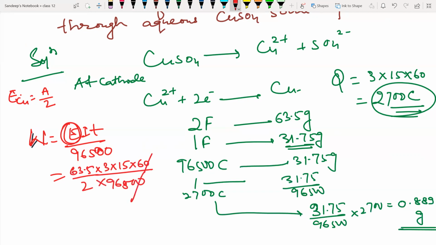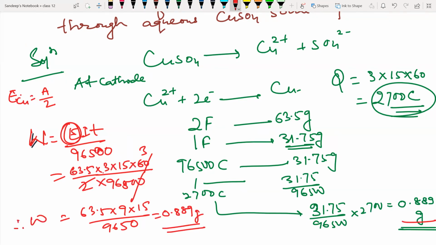So it will be 63.5 into 3 into 900 upon 2 into 96500. If you solve this, you will get exactly this much. So this is also a way to solve this question. This much gram of copper is deposited at the cathode when a current of 3 ampere is passed through aqueous copper sulfate solution.